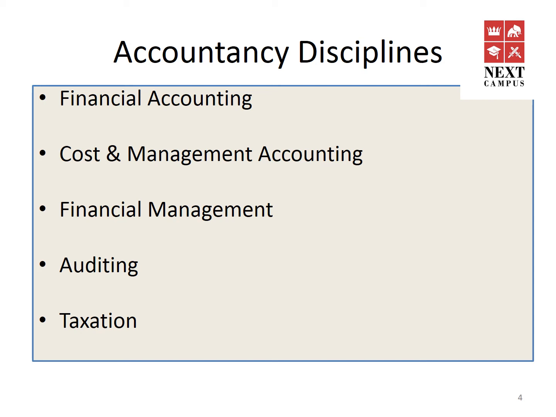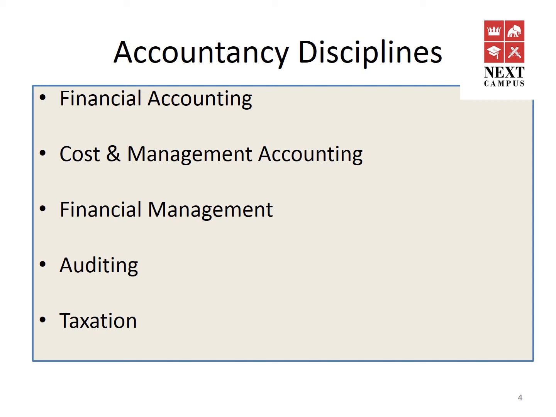So cost and management accounting means financial record keeping for the purpose of decision making to be done by the management of the business. In another slide we will be learning the differences between financial accounting and cost and management accounting, but for the time being, keep in mind that the second aspect of accounting is cost and management accounting. The third one is financial management.